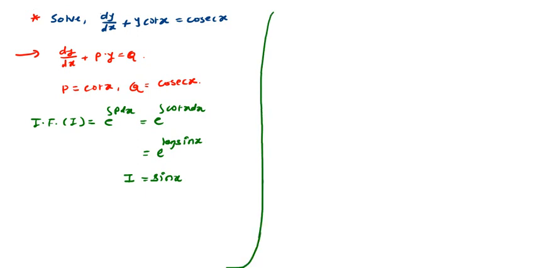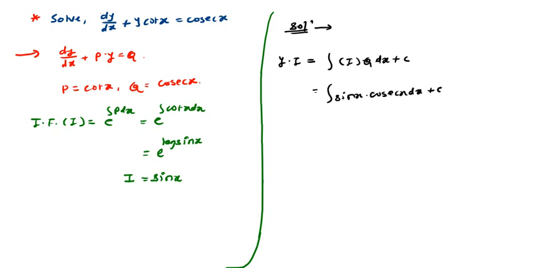Now we can find its solution. Its solution will be given by y into integrating factor equal to integration of integrating factor into q into dx plus c. So this is equal to integration sin x into q, which is cosec x, dx plus c.